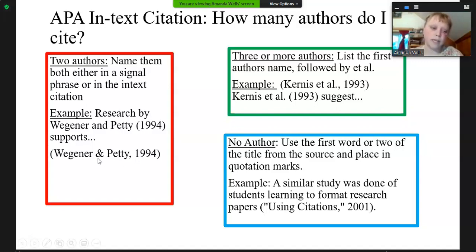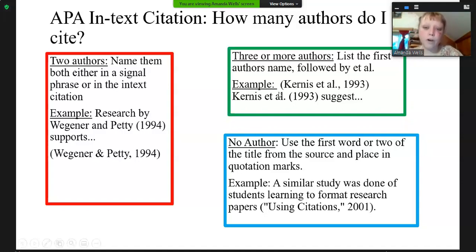You use an ampersand, which is this funny little S-shaped thing right in between the names. And again, you follow it up with the date. If you're doing an exact page number, like you're taking a specific quote from a specific page, then you include the page number. If you do more than one page number, then it's PP and page number.